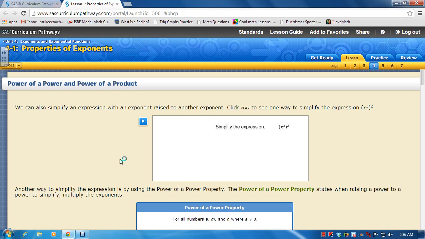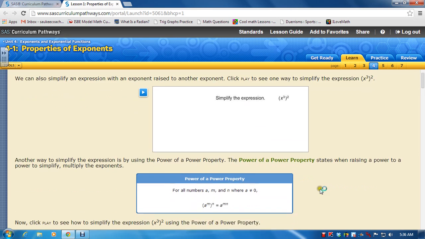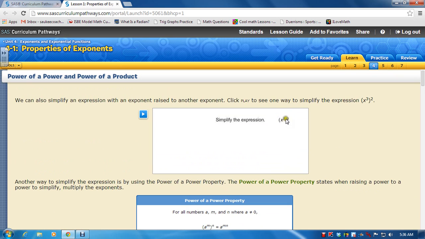Alright, power of a power. Quite simply, if I raise some power to another exponent, remember that's like going up a level. This would be like taking x cubed times x cubed. So that's why we now, instead of adding, we multiply these, right?